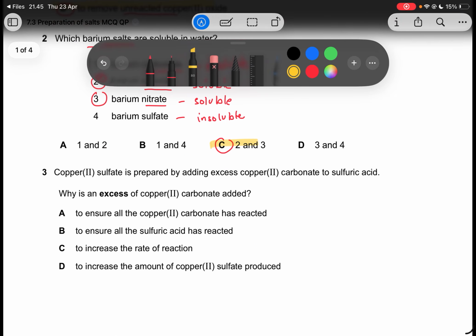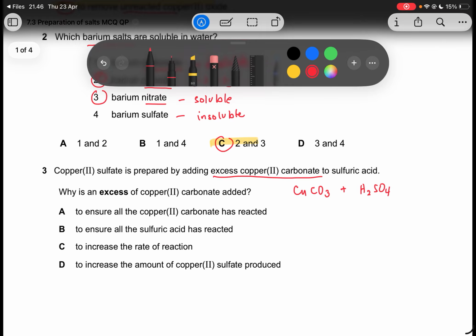Next question, number 3. Copper sulfate is prepared by adding excess copper carbonate. So this is the one that I mentioned a while ago. We have to add excess copper carbonate to sulfuric acid. So let's try to write the chemical formula for that. That is CuCO3 plus H2SO4.